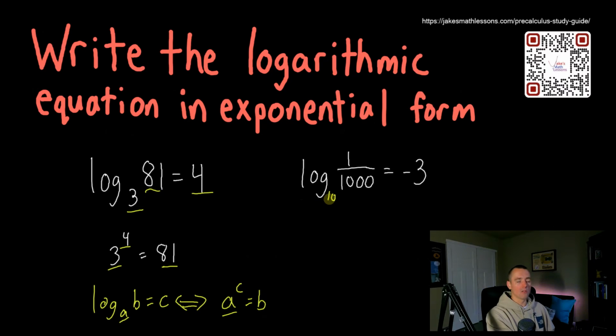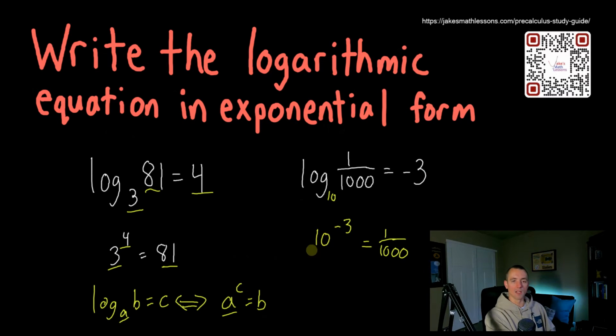So when you have a log base 10, we're going to apply this exact same rule. We keep the base of our log as the base of our exponent, so we're going to have 10 as the base. We're going to then switch these other two pieces. So 1 over 1000 is going to be switched to the other side of the equal sign, and the negative 3 is going to be written as our exponent.